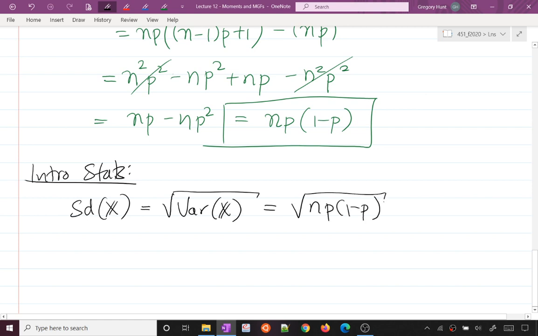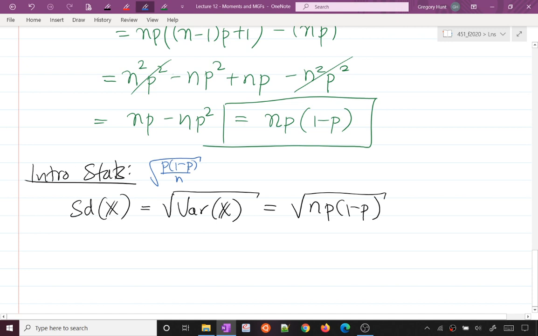And this starts to look like formulas that we saw in intro stats. If you go back to your intro stat notes and you talk about proportions, it's not quite what you saw, but it's really close. In intro stats, the n is in the denominator there. You would typically see p times 1 minus p over n, and you'd see a square root. But this is highly related.